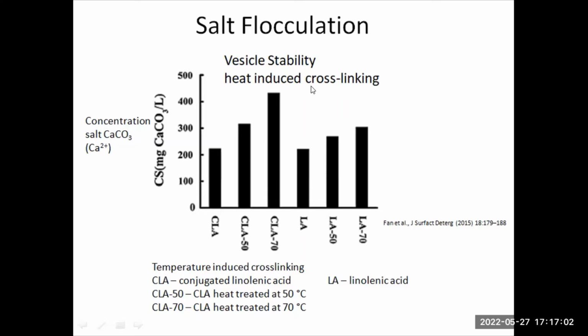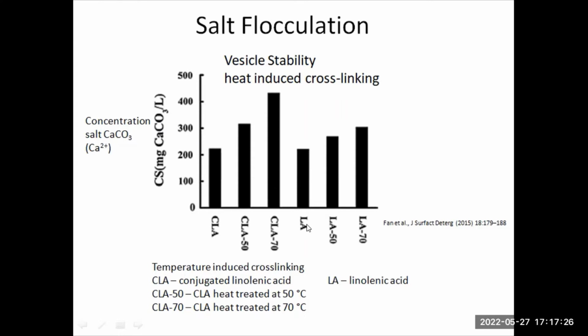And if we do the cross-linking at 70 degrees centigrade, then we can have even greater concentration of salt. So this cross-linking through UVC light also makes us more stable. It's also interesting to note that these are for the same acid, that means 18 carbon atoms, but without cross-linking, without conjugation. Sorry, this CLA means conjugated linolenic acid.